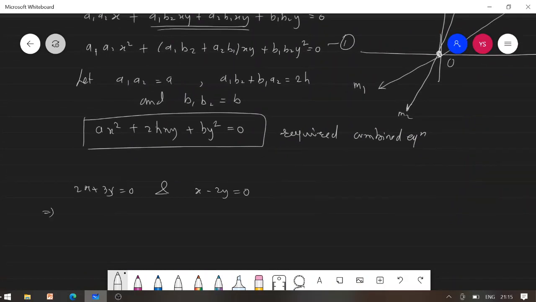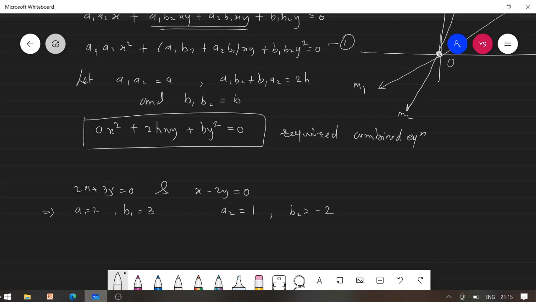So that implies a1, the coefficient of variable x in the first equation, is 2, b1, the coefficient of variable y in equation 1, is 3, while a2, the coefficient of variable x in the second equation, is 1, and b2 is the coefficient of variable y in equation 2.